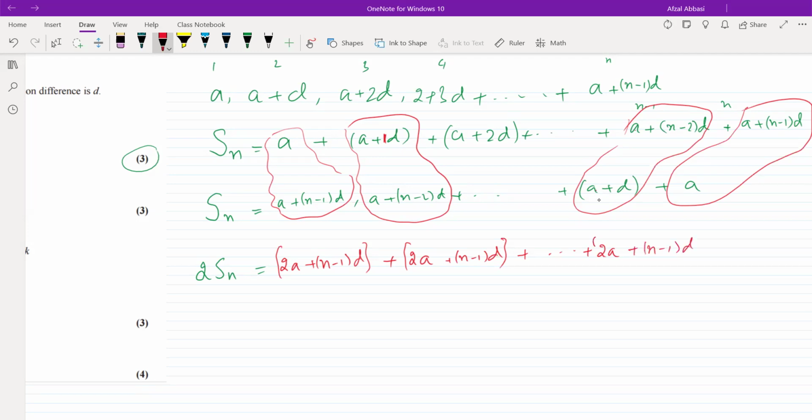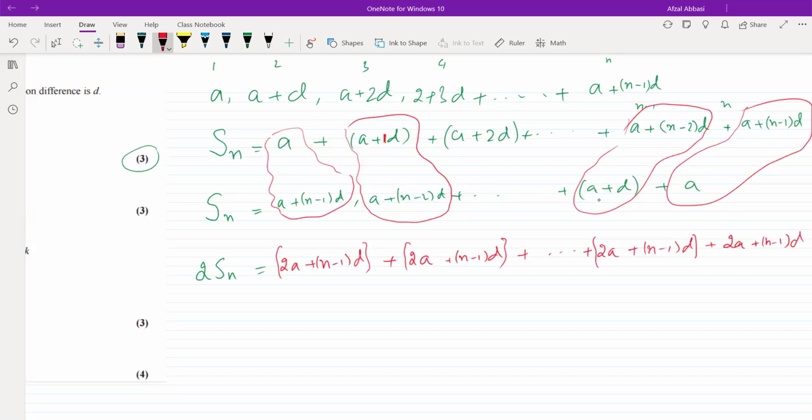So that is the sum of this pair. The last pair is a plus a, 2a, plus n minus 1 d.